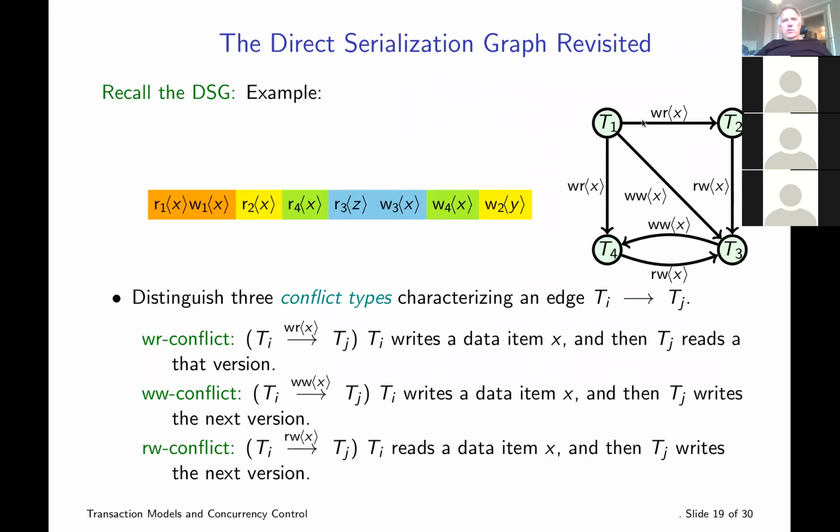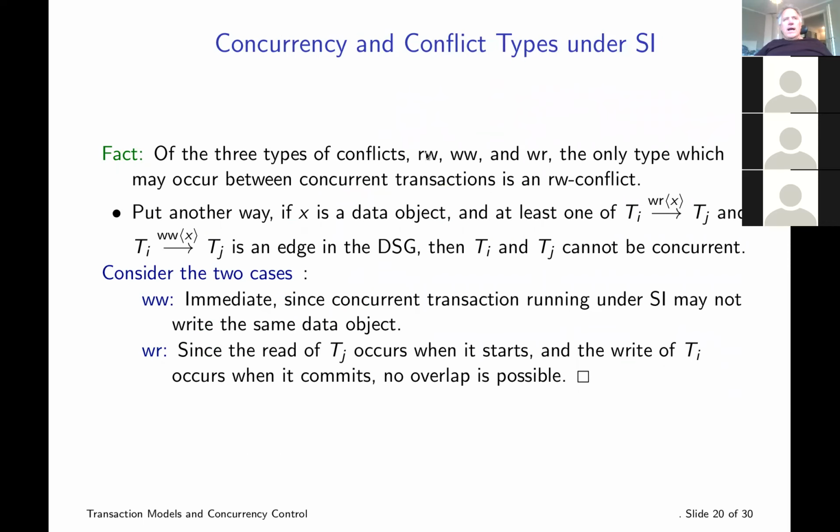If we look back here at this direct serialization graph for this particular schedule, then of the three types of conflicts, read write, write write, and write read, the only type which may occur between concurrent transactions, so transactions that are running at the same time, is a read write conflict.